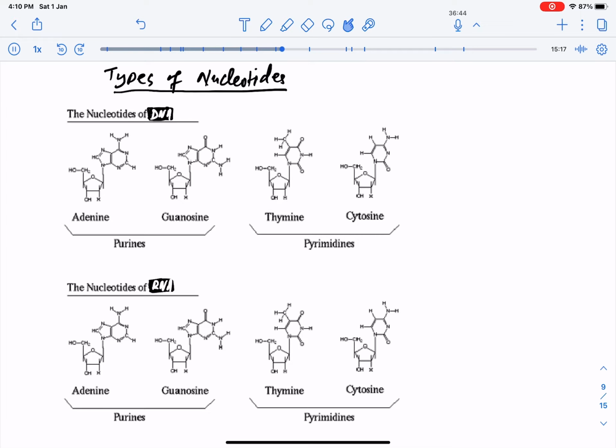The difference between DNA and RNA is that DNA has deoxyribose, while RNA has ribose sugar, and thymine here.